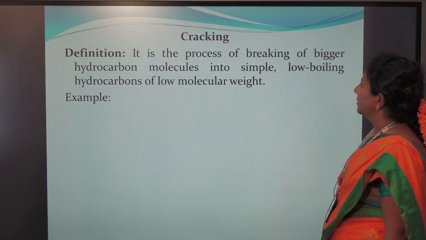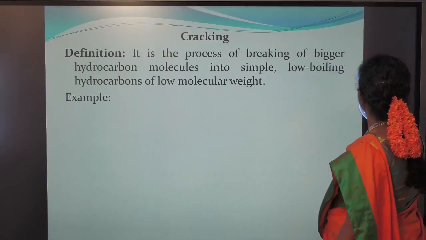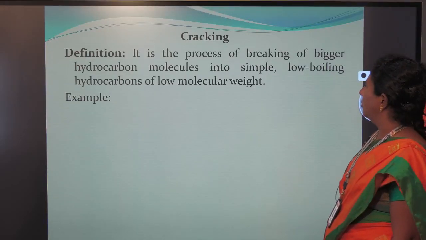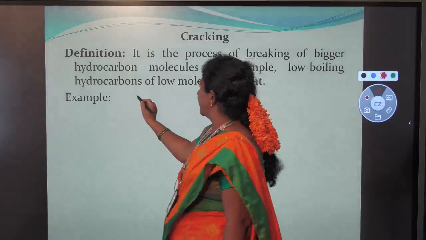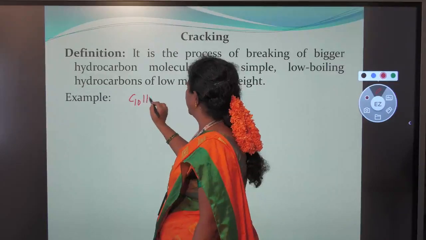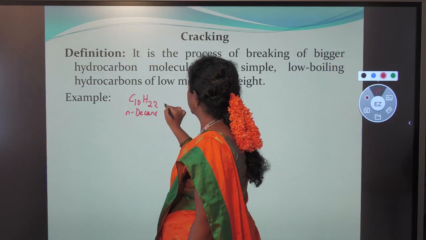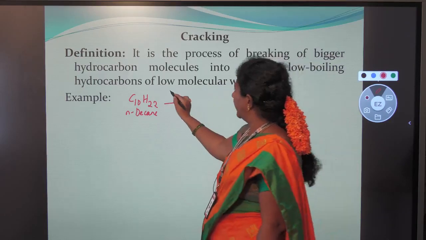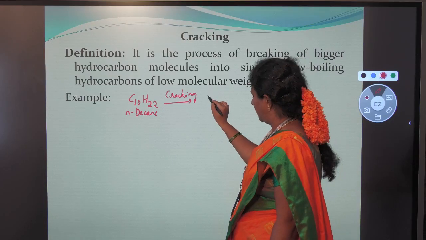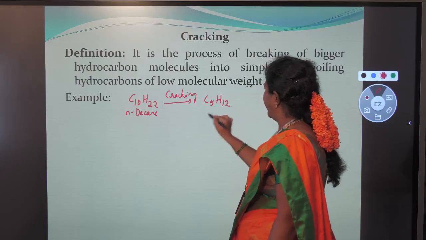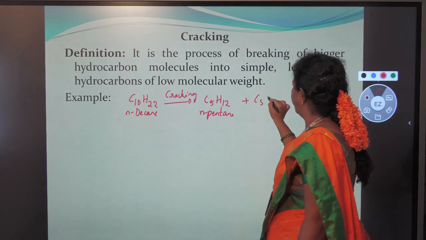Cracking is the process of breaking bigger hydrocarbon molecules into simple, low boiling hydrocarbons of low molecular weight. For example, if we take a decane molecule, on cracking we will get N-pentane and pentene.